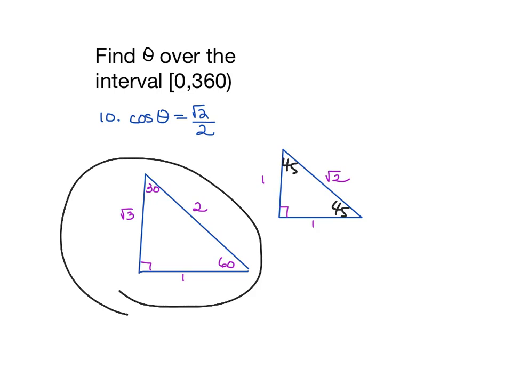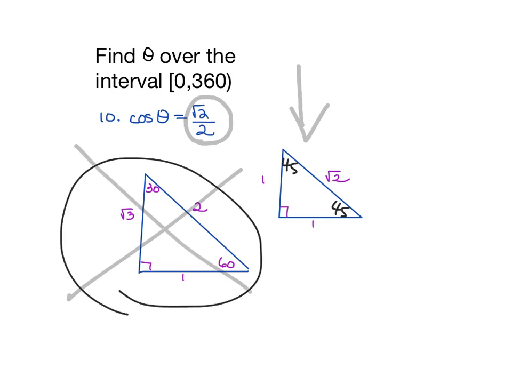As soon as you see that this answer has a root 2 in it, that tells me the triangle I'm going to use is going to be this one, because there is no root 2 in the 30, 60, 90. So what you might want to do the day of the test is quick draw on your scratch paper these 2 triangles, and you can use that as your reference.